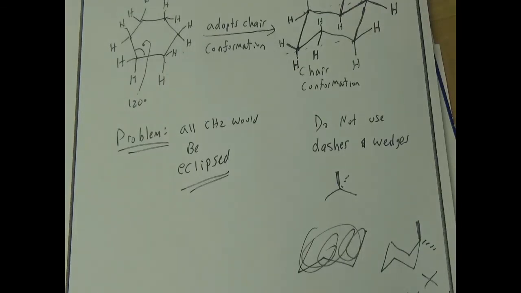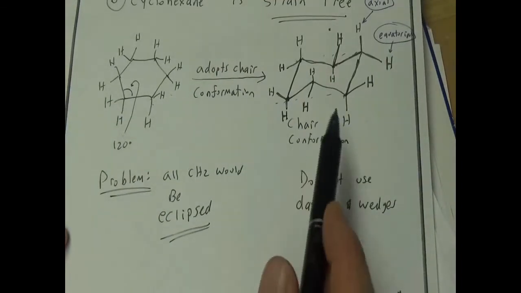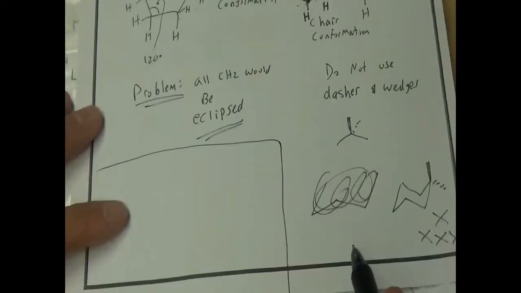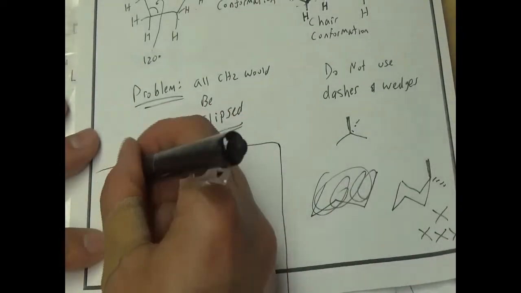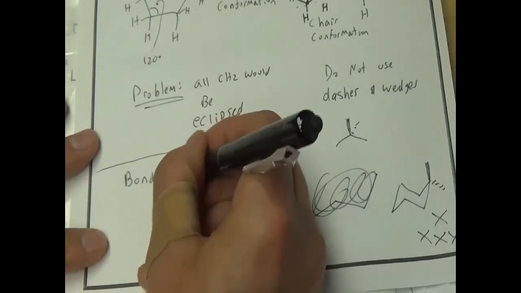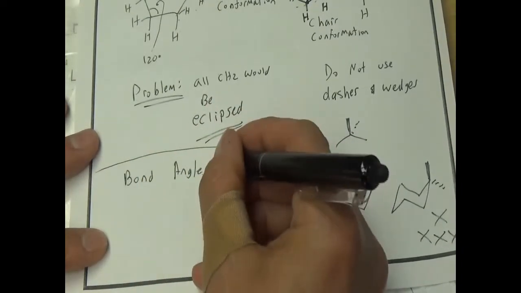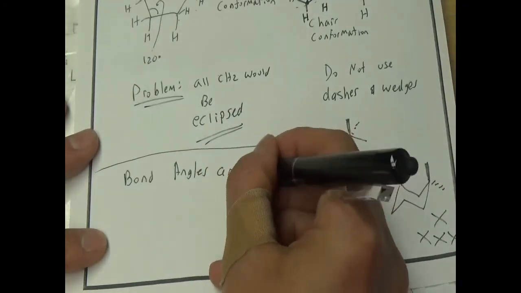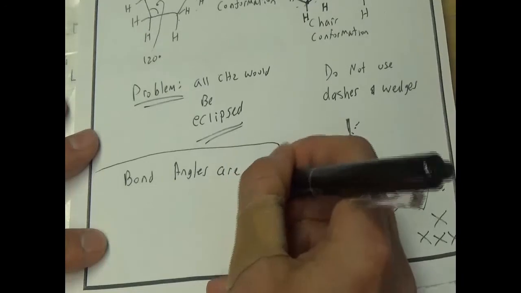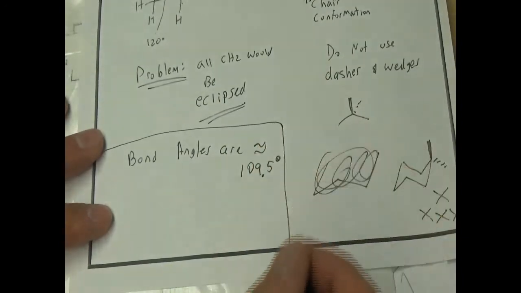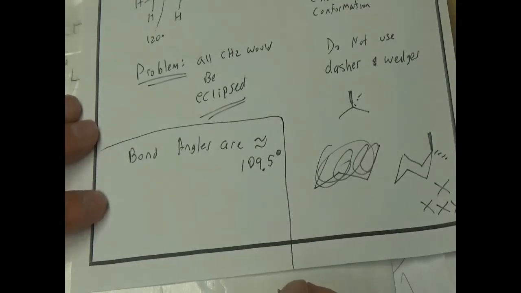Another thing, just looking at our chair cyclohexane, a couple of quick points. All bond angles are very close to 109.5, so they're perfect tetrahedra.